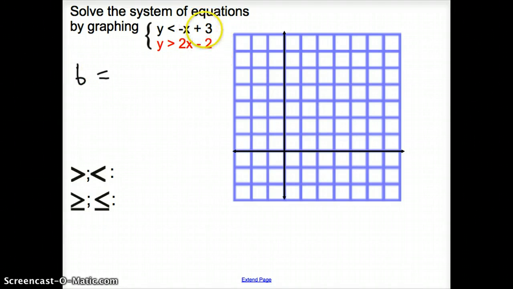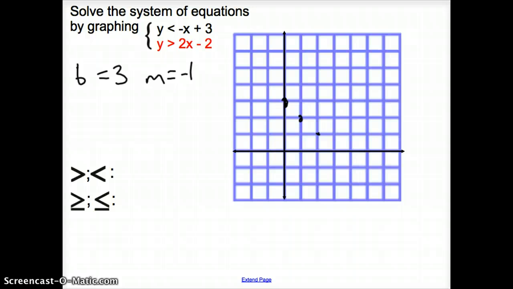My y-intercept is whatever is added or subtracted to x. My y-intercept here is 3. My slope is whatever is being multiplied to x, and here it is a negative 1. So I'm going to go ahead and graph this line starting with my y-intercept, which is 3. And then I'm going to go down 1 over to the right 1 for my slope because it is a negative slope.